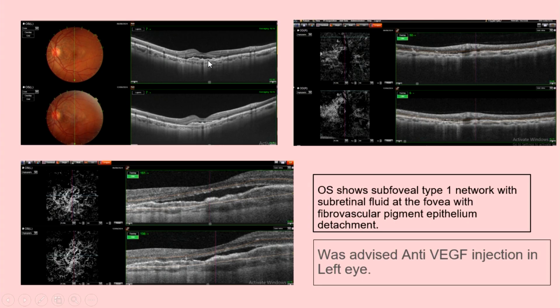The left eye shows subretinal fluid with fibrovascular PED subfoveally, with the OCTA showing a tangled vessel appearance in the ORCC complex, suggestive of active CNVM, and anti-VEGF injection was advised in the left eye.